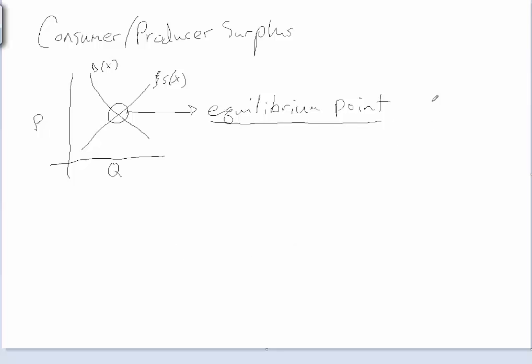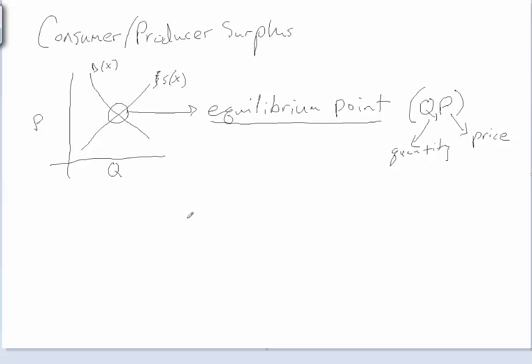So at this point QP, we have the equilibrium quantity and price. So what's the price that they can agree to and what's that quantity that they can agree to?